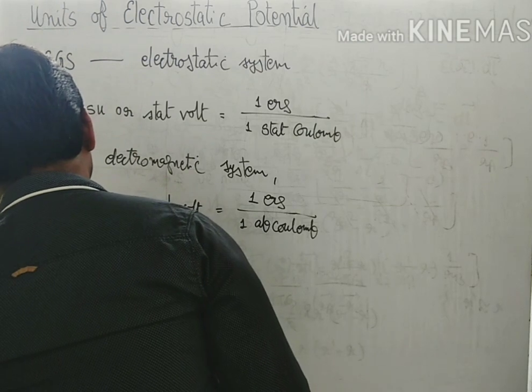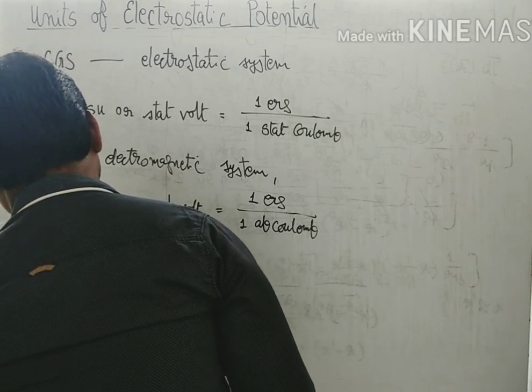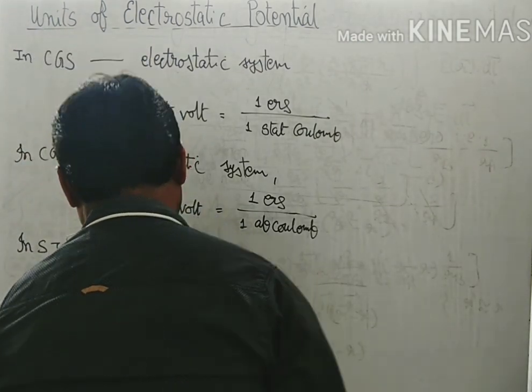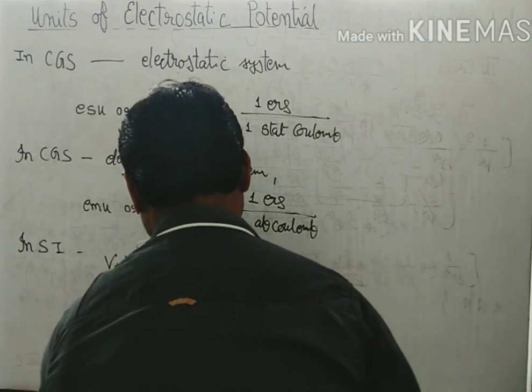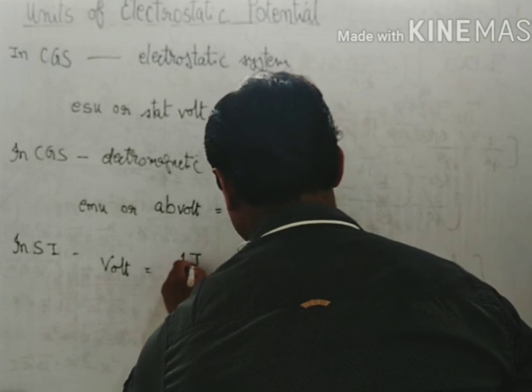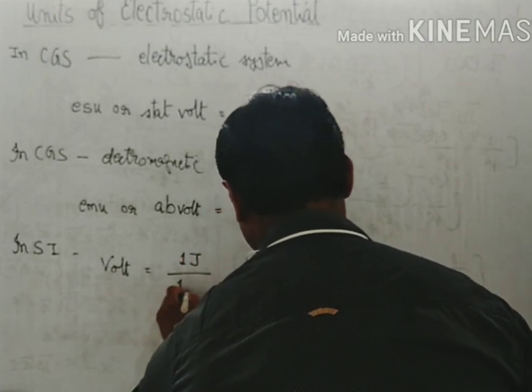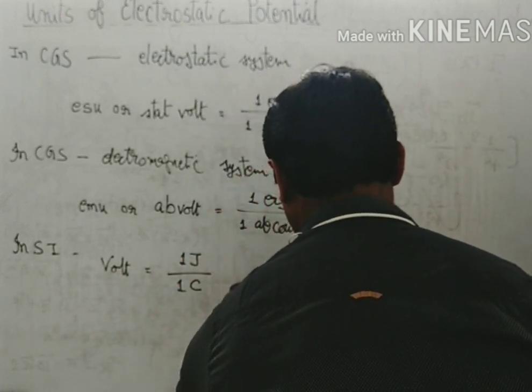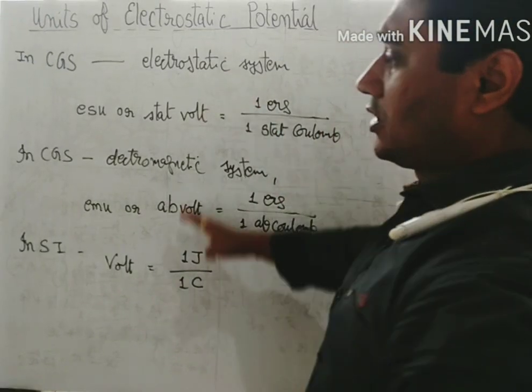Now moving towards SI system, in SI we can have volt. So 1 volt is written to be 1 joule upon 1 coulomb. So this way, these are the units.